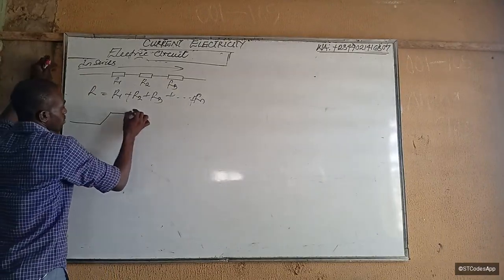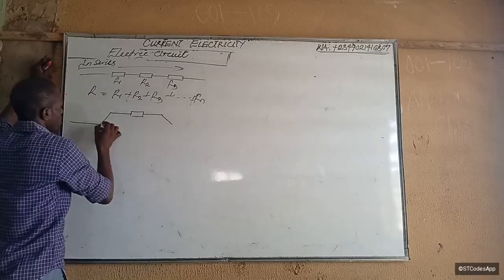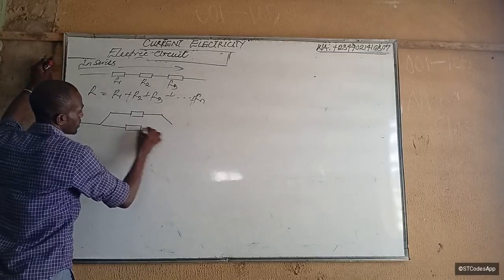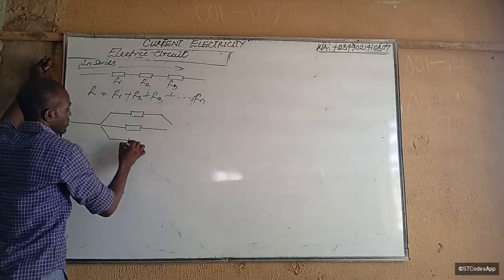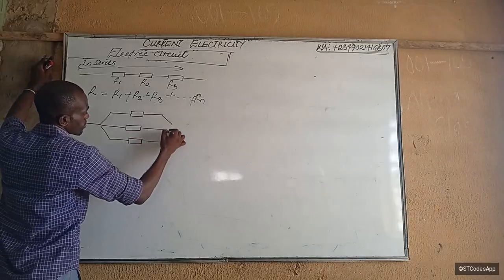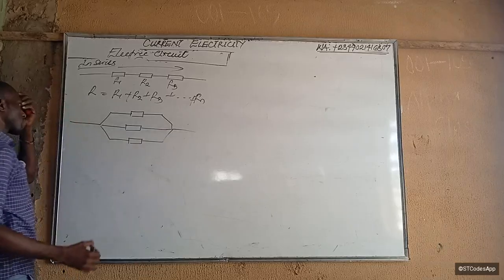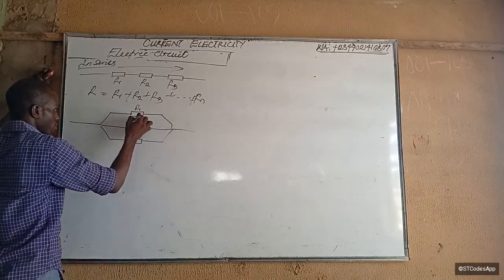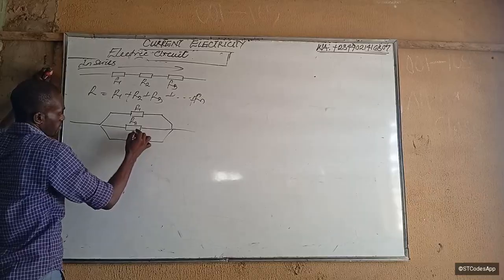Now, what if I arrange resistors in parallel like this? I have R1 here, R2, R3.